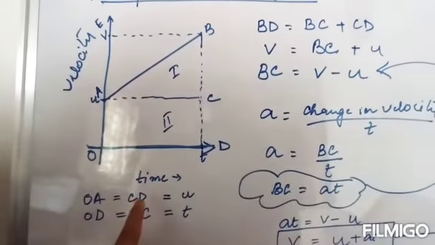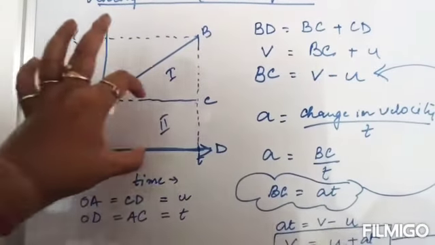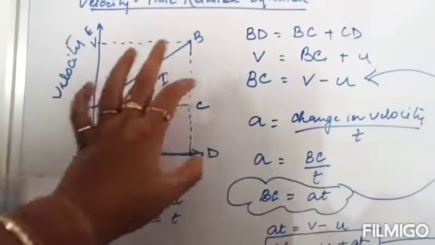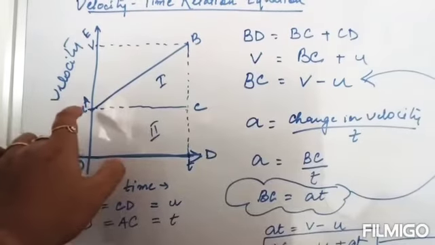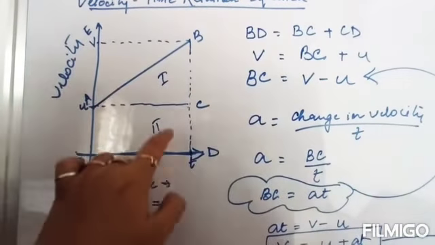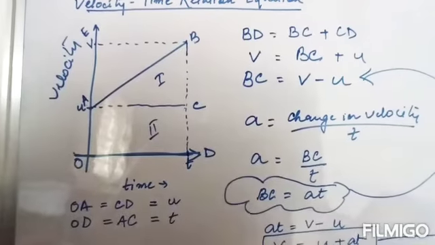So OA is equal to CD, and the magnitude will be the unit covered by the graph, that is U. From here to here it is U.